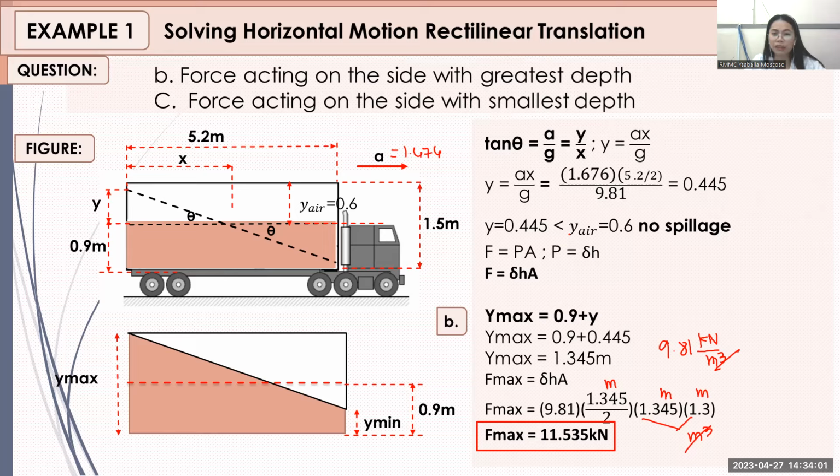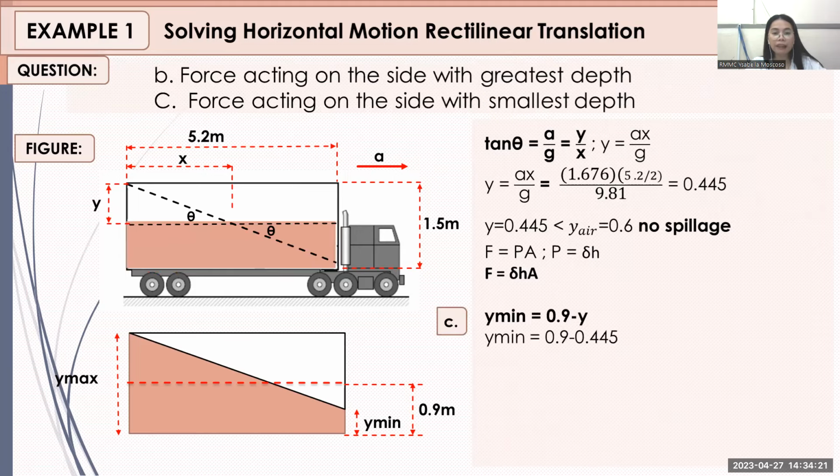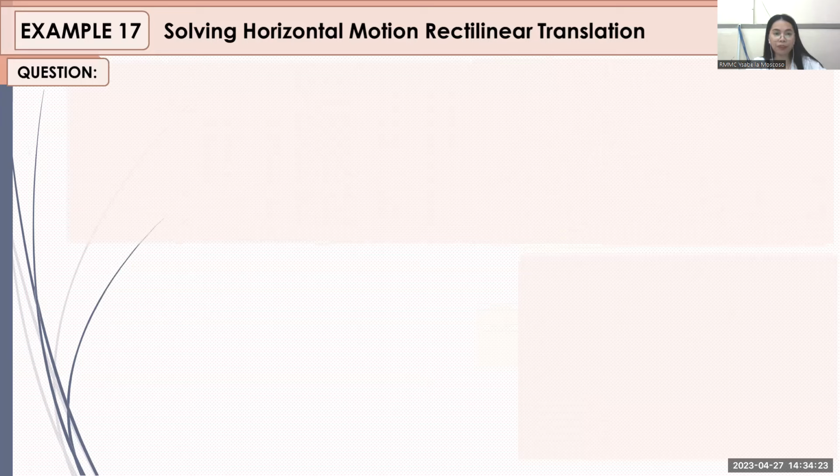But if your Y naman is greater than the height of your air, therefore meron tayong spillage. So if that is the case, may natapon na tubig, ibig sabihin yung volume inside the vessel ninyo is magbabago na kasi nabawasan na yung tubig ninyo. No? And that will lead us to this type of example.